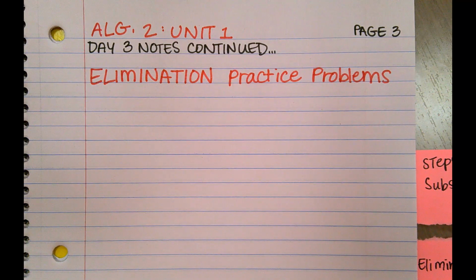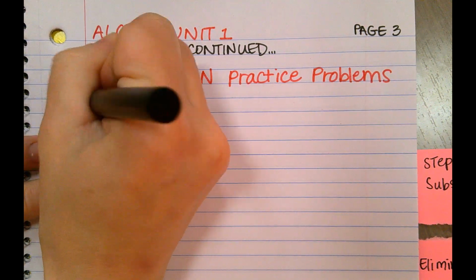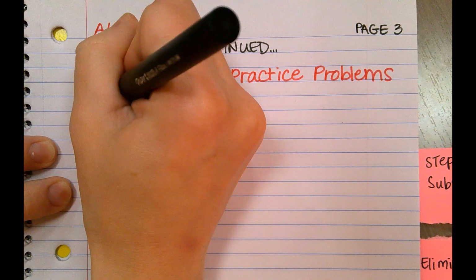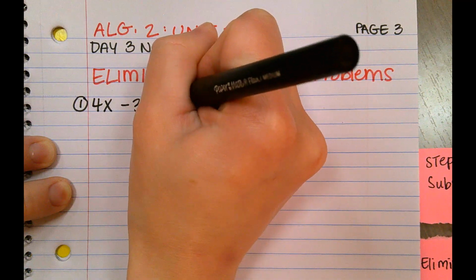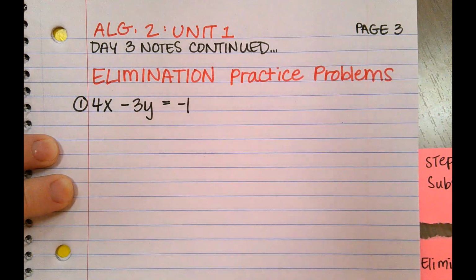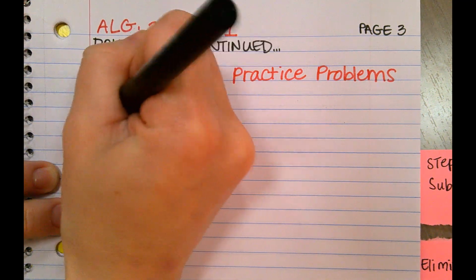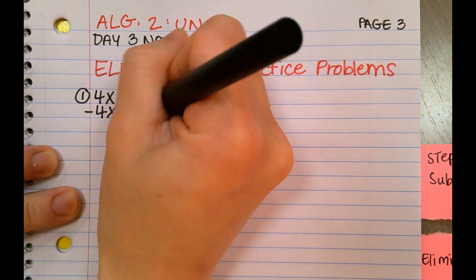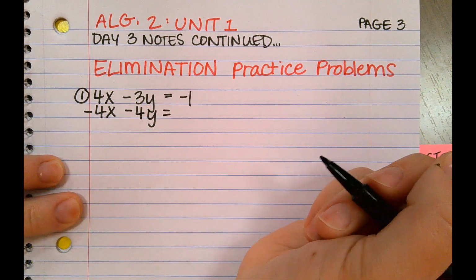I'm going to give you a few more problems. 4x minus 3y equals -1 and -4x minus 4y equals 8.